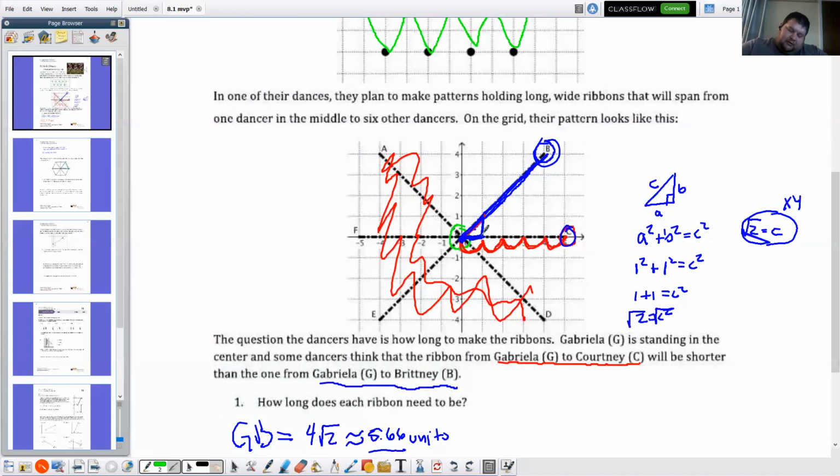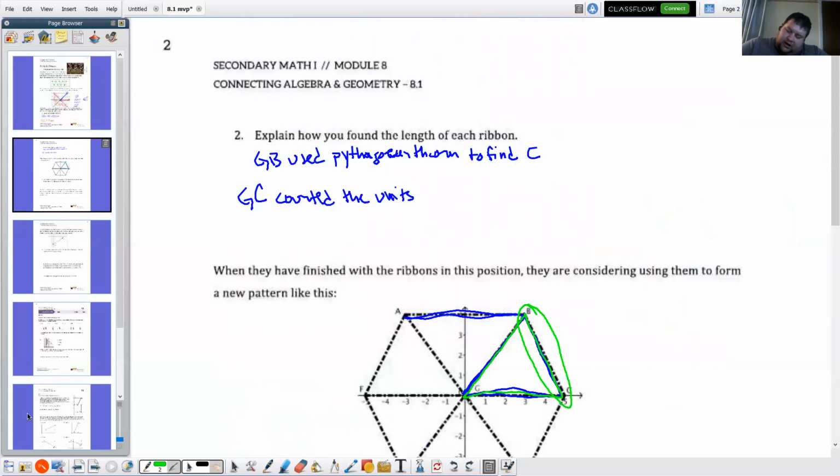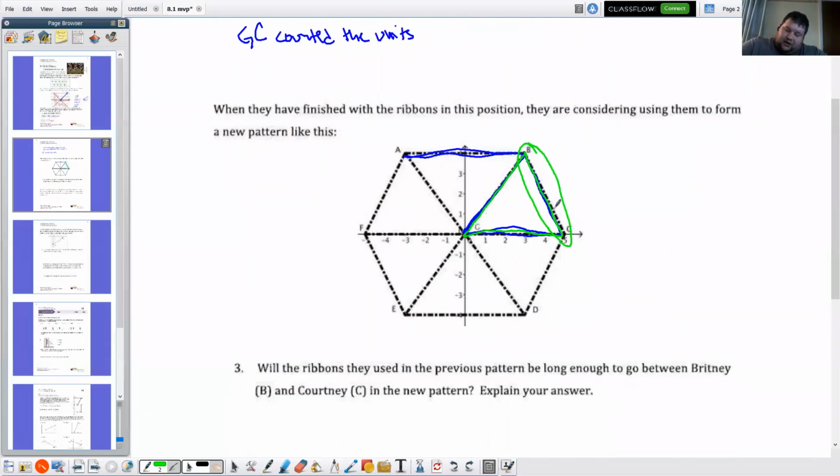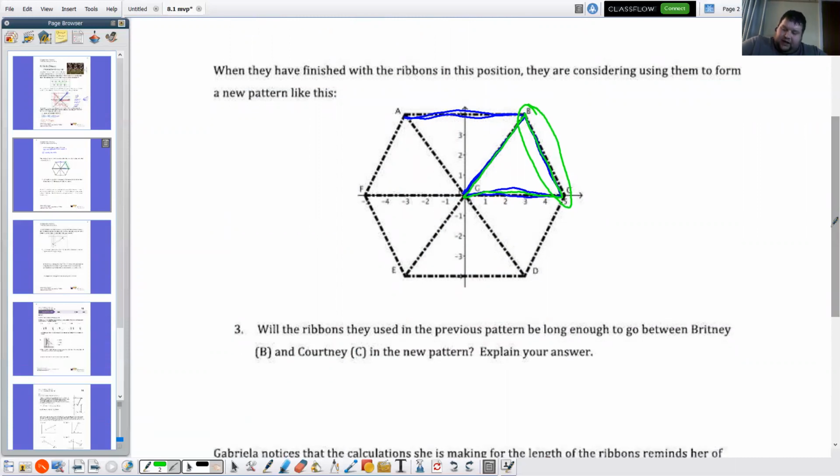Okay, we talked about that last time. So here, I don't have anything telling me for sure this is a 90-degree triangle anywhere in any of those corners. Okay, so I have to assume that this is not a 90-degree triangle. I can't just use the Pythagorean theorem to find this length there.